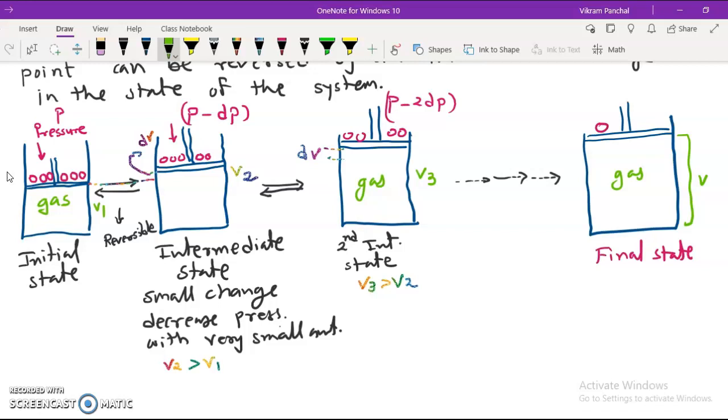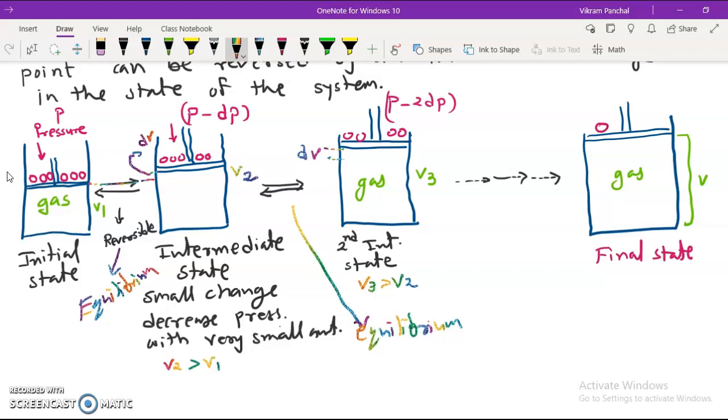This is called infinitesimally slowly, and in between every two states you will find equilibrium. All adjacent states are equilibrium states, because they are reversible and you can achieve the original state from the final state. This is the reason we call this a reversible process.